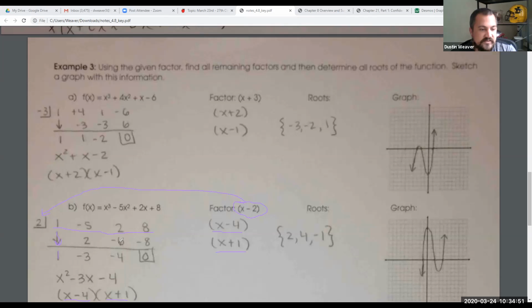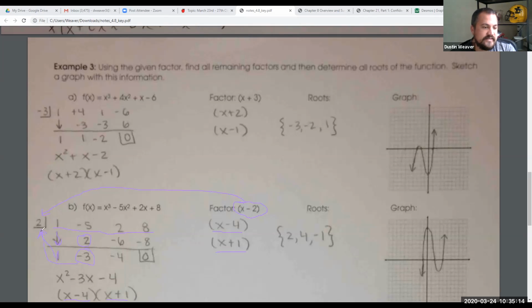Oh, where did I get the -6? Okay. So let me start over. So I brought the 1 down. 1 times 2 is 2, right? Then I got to add. -5 plus 2 is -3. Then I take that number that's below the line and I multiply by the box.